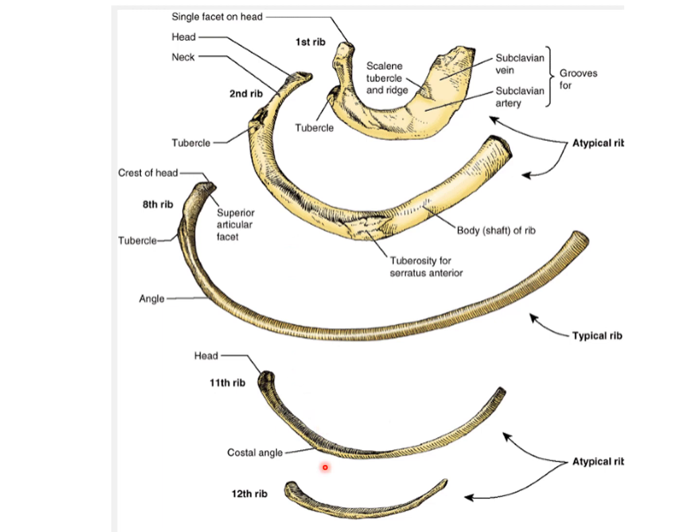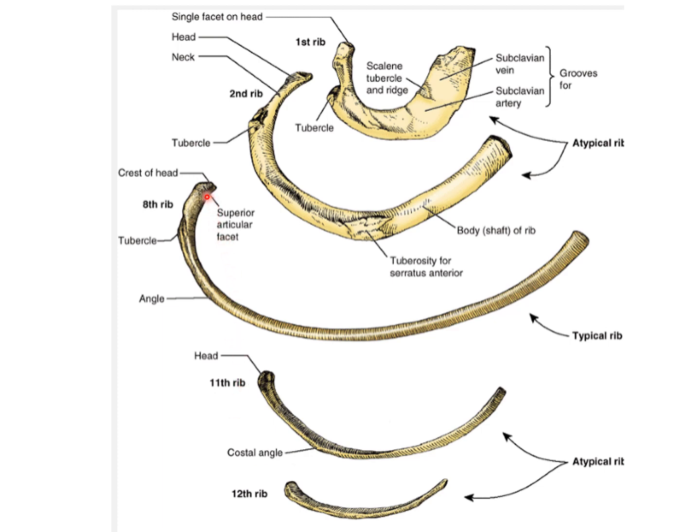And at the end here we have the 11th and 12th ribs. So ribs 1, 2, 11, and 12 are atypical. And sometimes the 10th rib is also considered atypical, but other anatomists consider it typical.